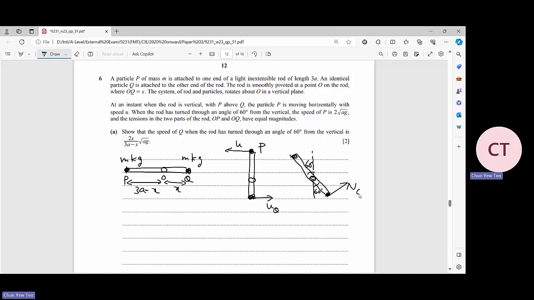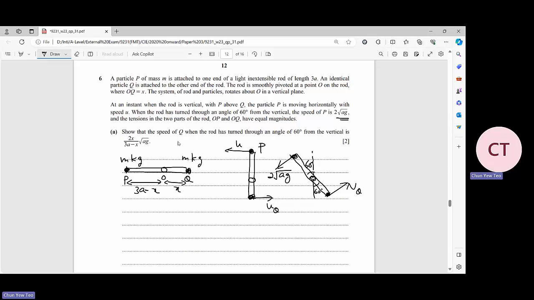This will be the VQ, this will be the VP. But the question is giving you that the VP is 2 square root of ag, so we just write 2 square root of ag. We need a change of speed and a change of height, so we can use conservation of energy.